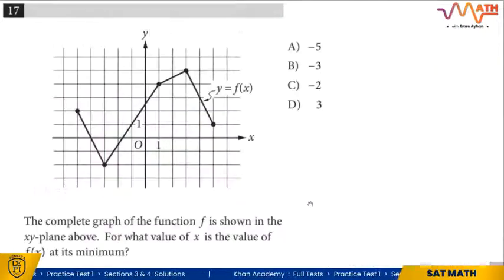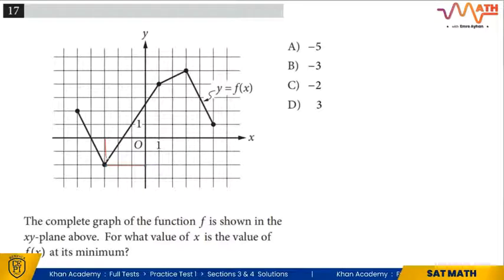17. The graph of the function f is shown in the xy plane above. At what value of x is the value of f of x at a minimum? So f of x is the result, right? Where it has the minimum result, at what value of x? So let me show you this point, right? At this point y will have the minimum value.